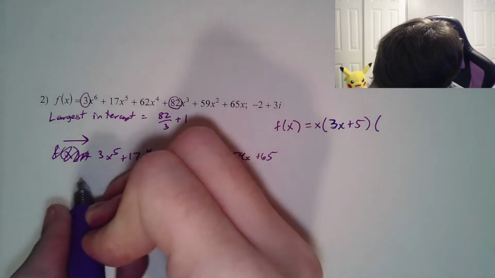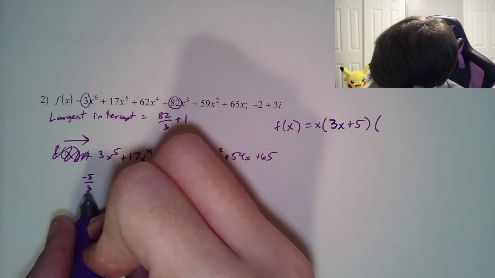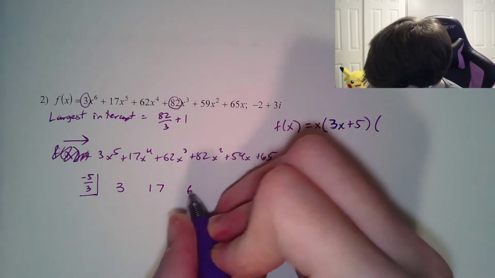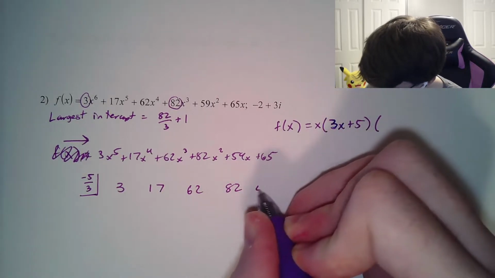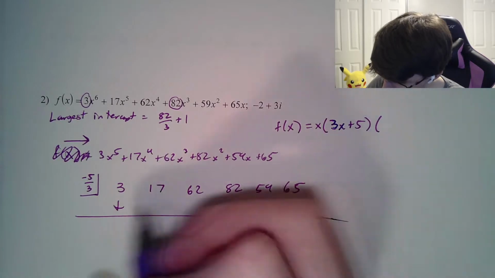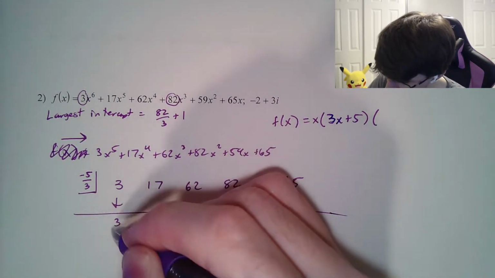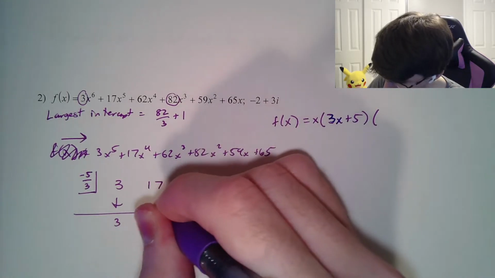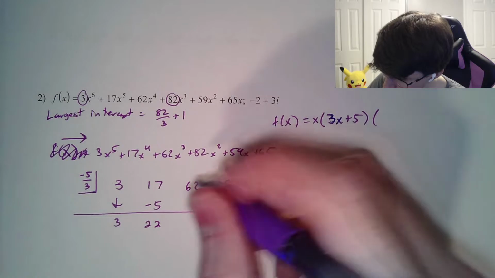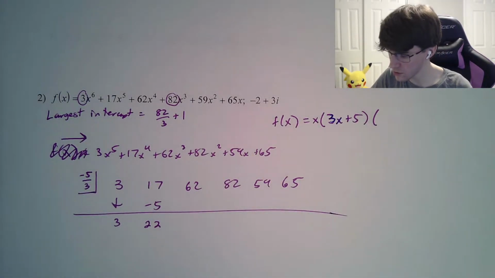So we're going to go ahead and get -5 over 3 in the box, and then we have 3, 17, 62, 82, 59, 65. 3 comes down. Here we go. And multiplying it up, you'll end up with -5, and then you get 22. And I'm definitely going to be using a calculator for the rest of this.